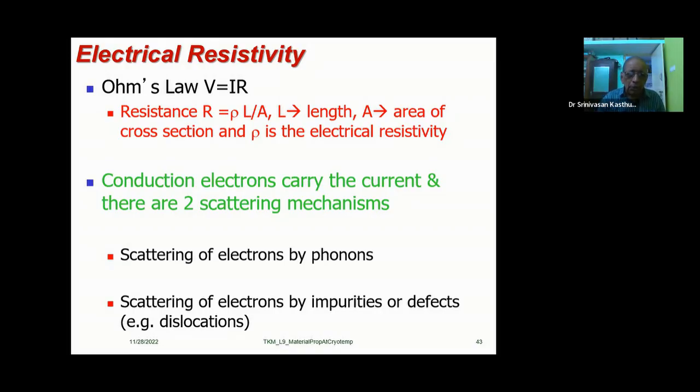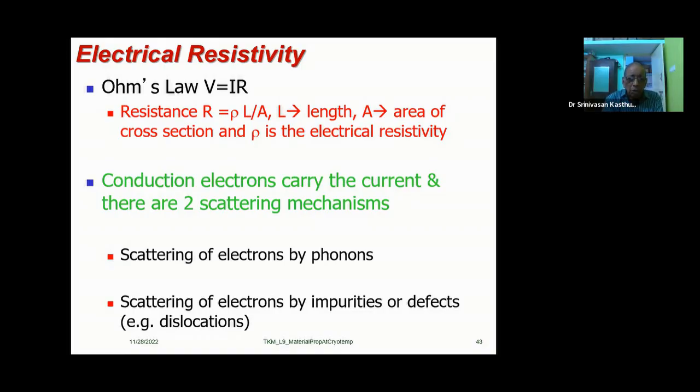So this resistance value is proportional to rho L by A. R is equal to rho L by A, which means it is proportional to the length, and inversely proportional to the area of cross section. And rho is what is called electrical resistivity. Okay, one is resistance for the material, another is the resistivity. It is for unit length of material at unit cross-sectional area, right?